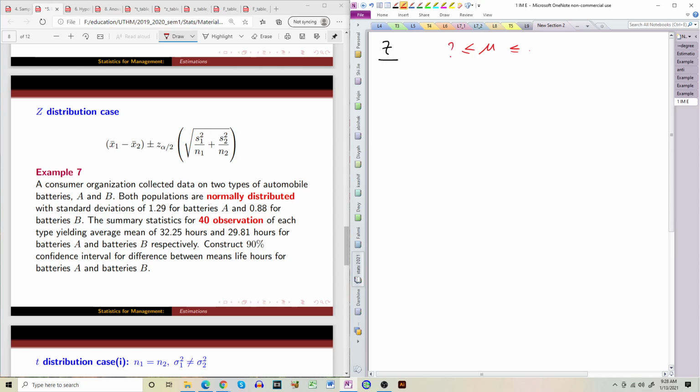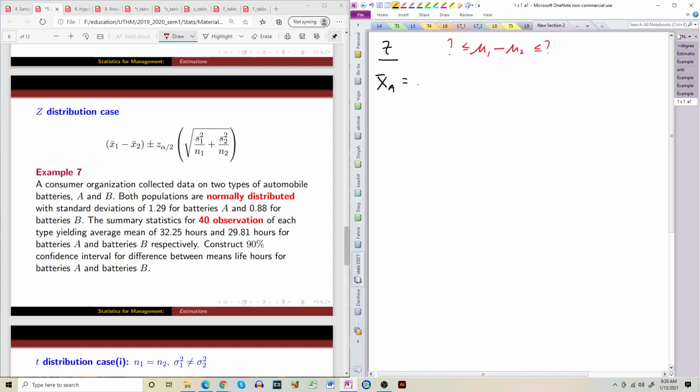So we are finding this value and this value here. Now in two populations or two samples, what we are going to find is the range for mu1 minus mu2. So what is the value here? Something like this. Now let us find all the information.